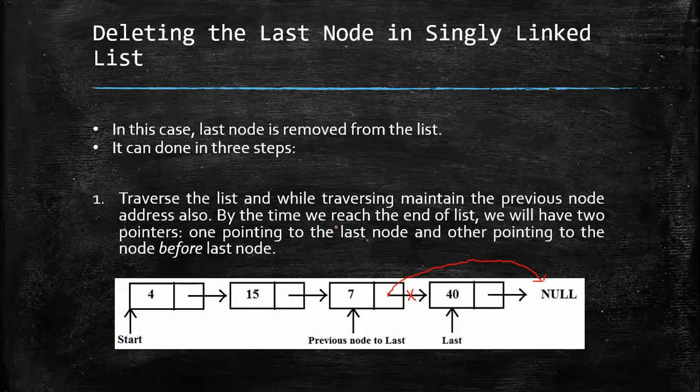So by the time we reach the end of the list, we will have two pointers. One is pointing to the last node, the other one is pointing to the node before the last node. This is exactly what we need to remove the last node of a linked list.